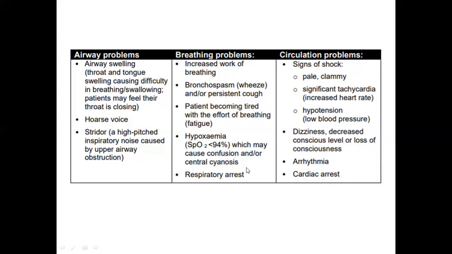If saturation is going down following some allergic trigger, to less than 94, it can be taken as anaphylaxis if the setting is correct. And if there is respiratory arrest, that is the breathing part. As circulatory features, signs of shock: pale, clammy, significant tachycardia, hypotension, dizziness, cardiac arrhythmia and cardiac arrest.